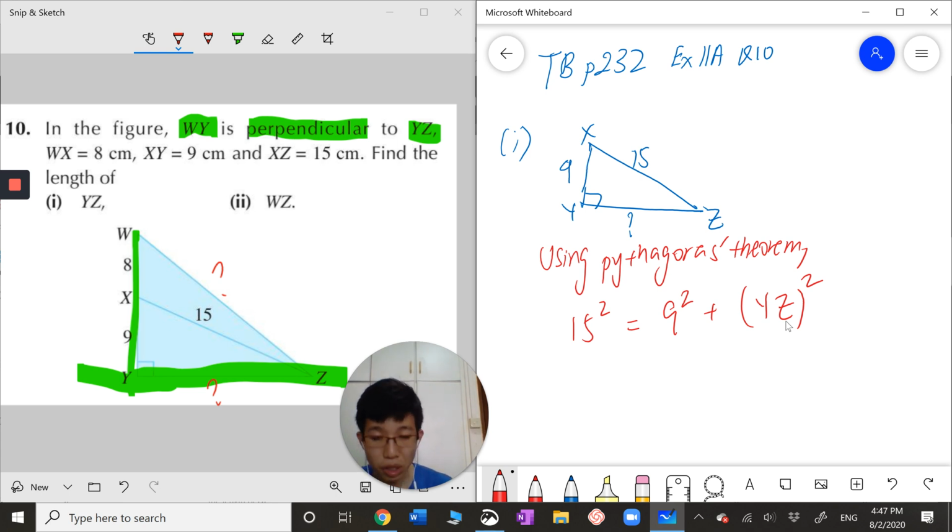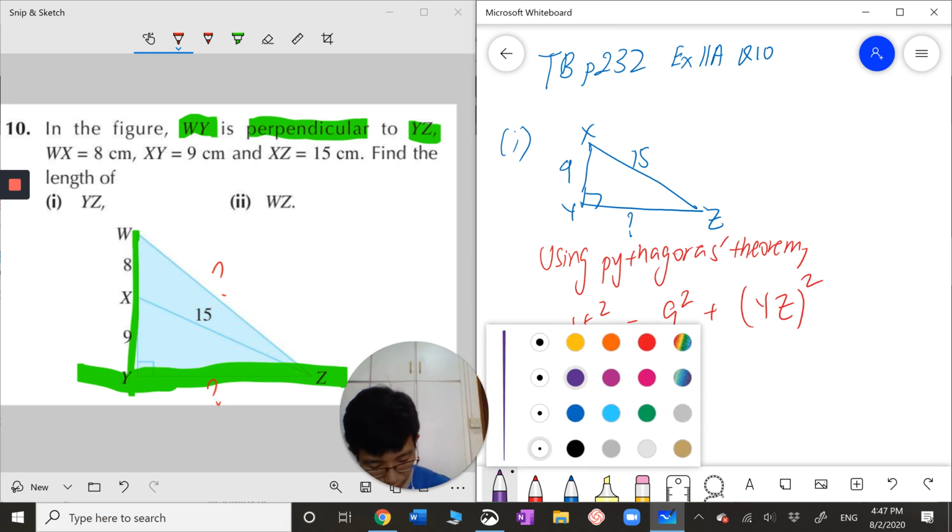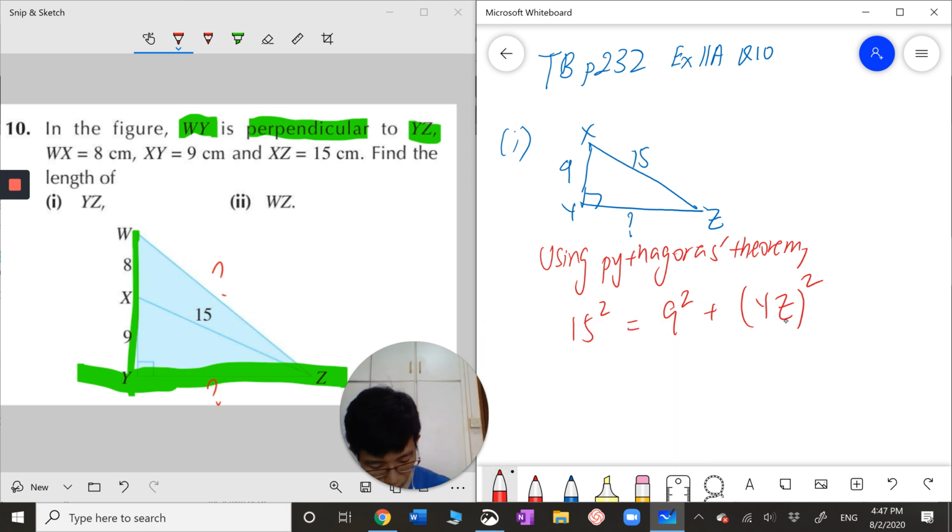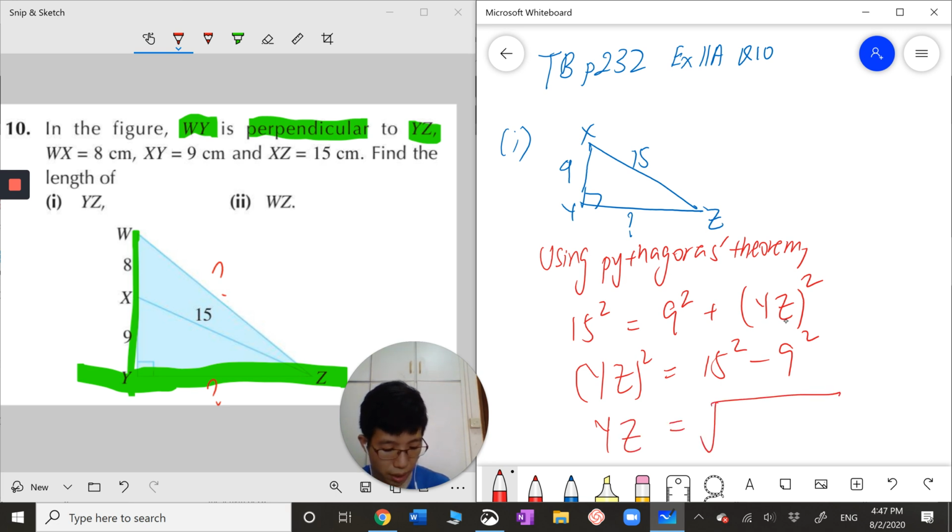Let's shift all the numbers to one side. YZ squared equals 15 squared minus 9 squared, and YZ equals the square root of these numbers here. 15 squared minus 9 squared will be 144.